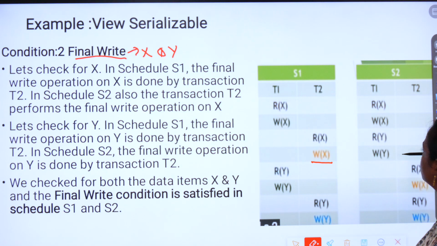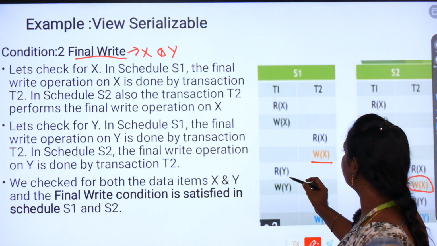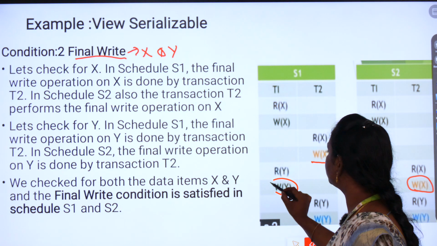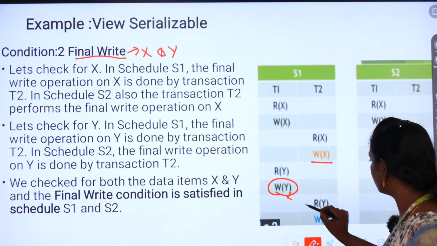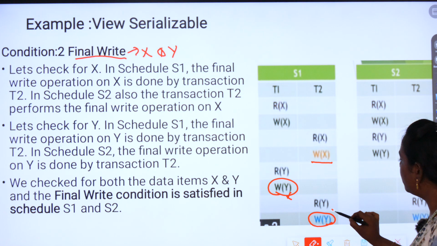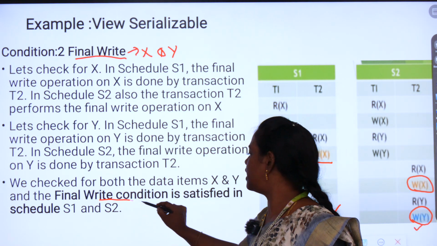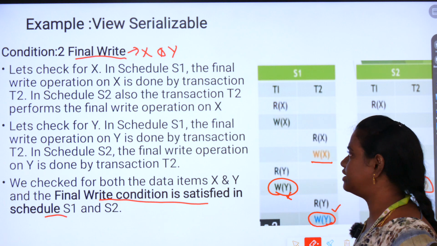In schedule S2 also, transaction T2 performs the final write operation on X. So both write operations are performed by transaction T2. Now check for Y. In schedule S1, the final write operation on Y is done by transaction T2. Likewise in schedule S2, the final write operation is also done by transaction T2. So both are equal, and the final write condition is satisfied for schedules S1 and S2.